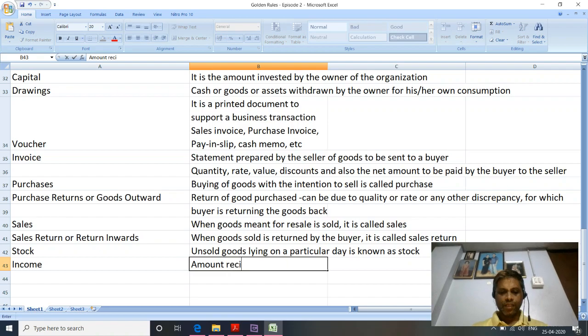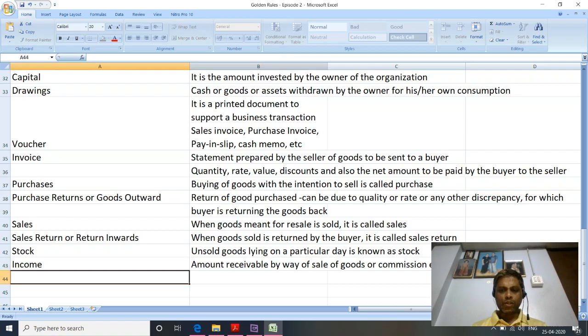Amount receivable by way of sale of goods or commission earned or dividend earned. It's called income.